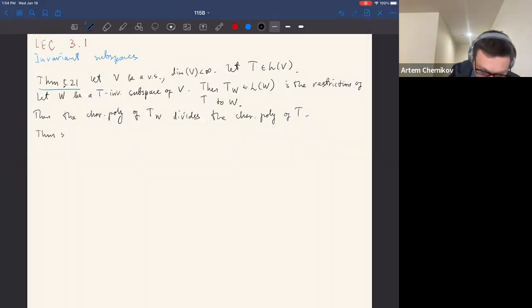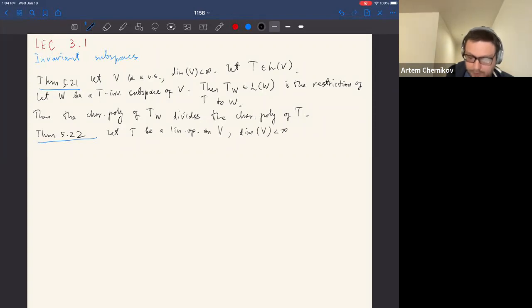So Theorem 5.22, which deals with calculating the characteristic polynomials of operators on cyclic subspaces. So let T be a linear operator on V, and as usual, we assume that the dimension of V is finite. Okay, and also let W be the T cyclic subspace of V generated by some given vector.